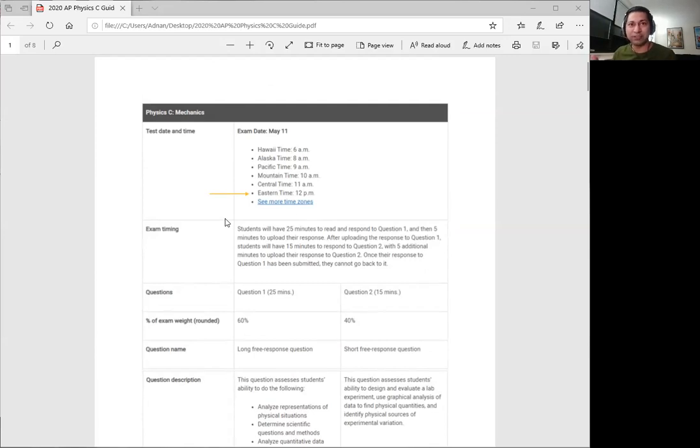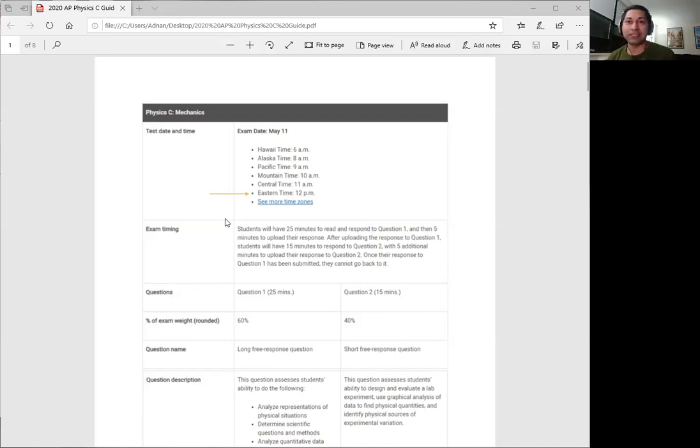It gives you the instructions. And you'll put in your AP ID and the e-ticket number. As soon as you do that, you're just going to wait until this little timer tells you can take the test. So when the timer hits zeros, you can take the test.